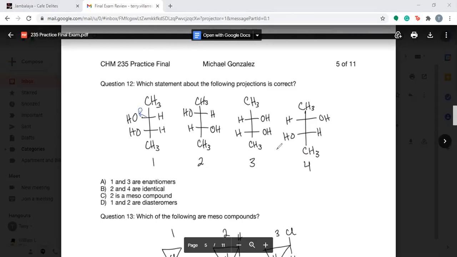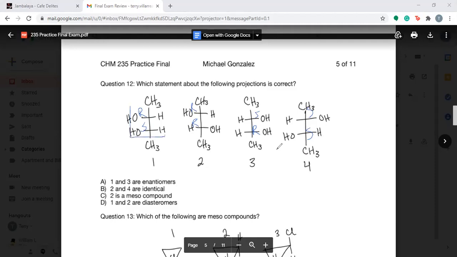So this is R, S. This is going to be R, because this is R. This is going to be S, and then this is going to be R. And then this is going to be S, and then this is going to be S. Okay, so 1 and 3 are enantiomers.